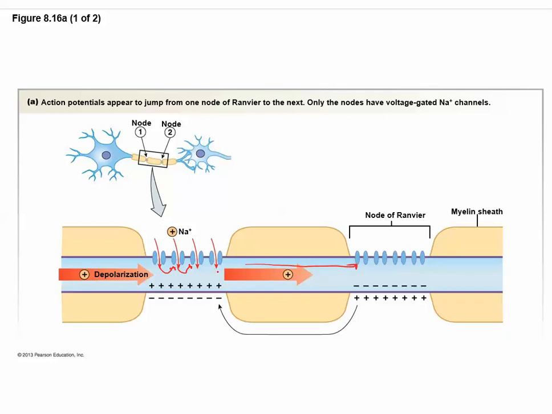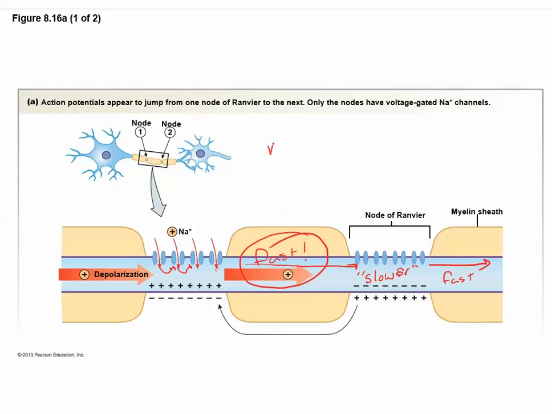Then the depolarization of this one, current flow, which is fast, will move all the way down here, depolarize, recharge it, and then we have another current flow, which is fast. So this one we'll say is slow. It's not really slow, but it's slower. So we can put slower, and then fast.